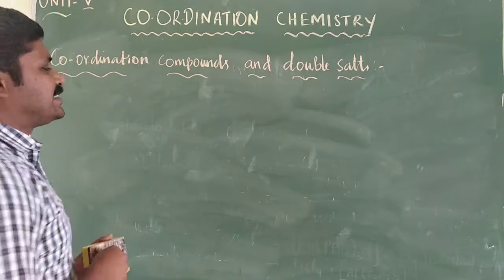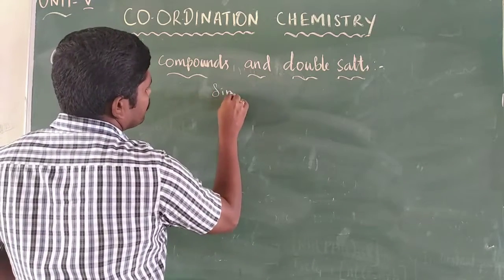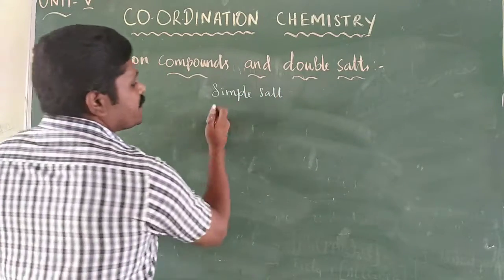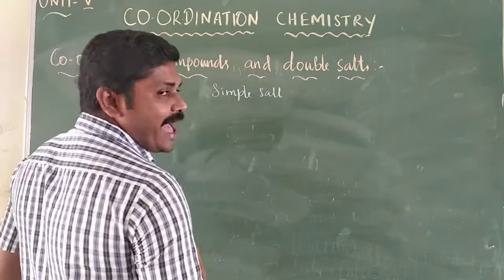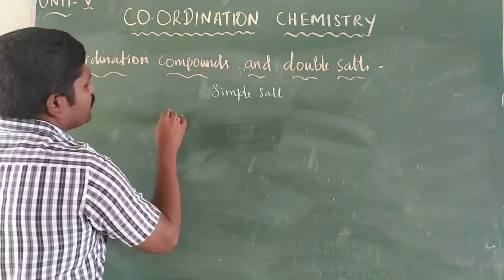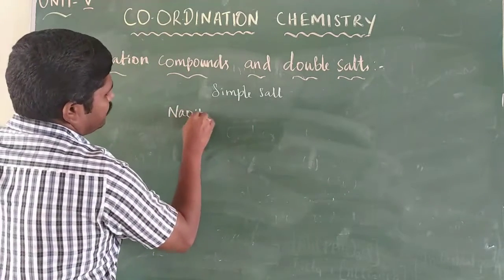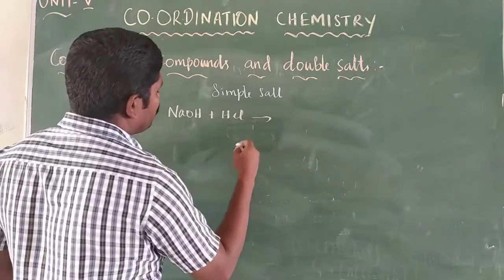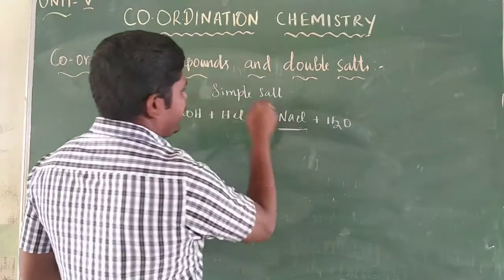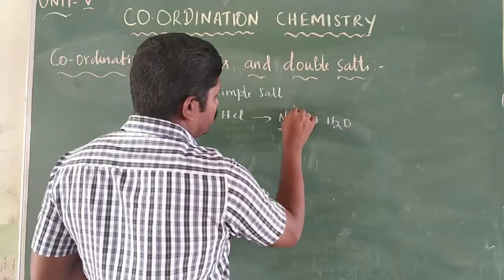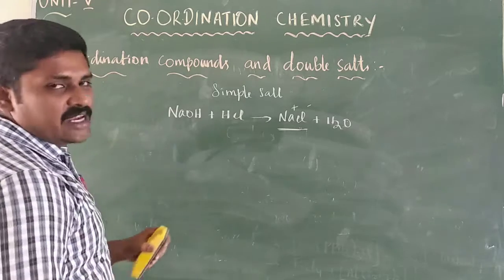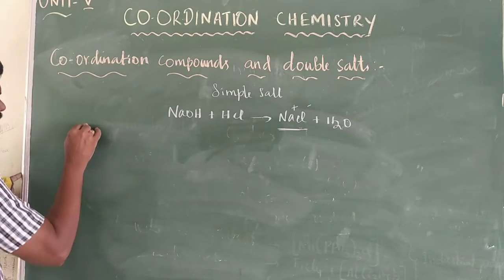Already you know about simple salts: the neutralization of acid and base gives simple salts and water. So sodium hydroxide plus hydrochloric acid gives sodium chloride and water. Sodium chloride is a simple salt that dissolves in water to give Na+ ions and Cl- ions. So what are coordination compounds and double salts?